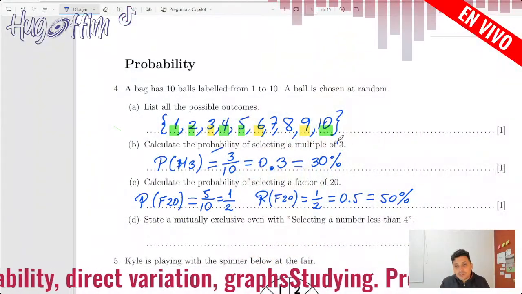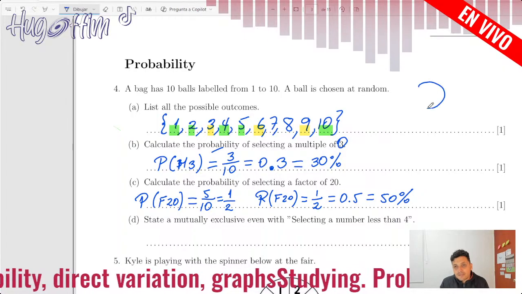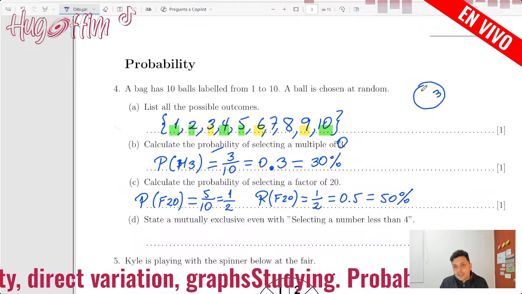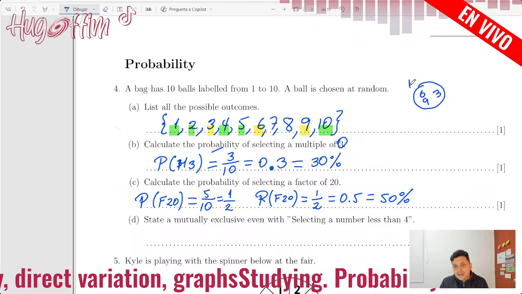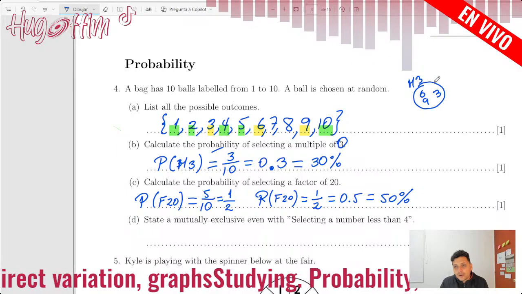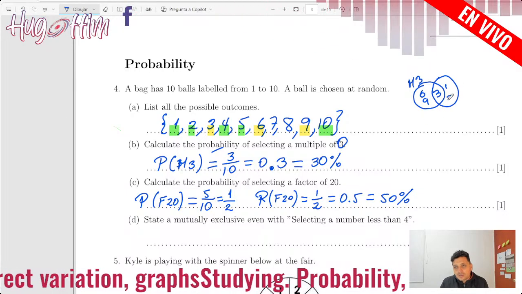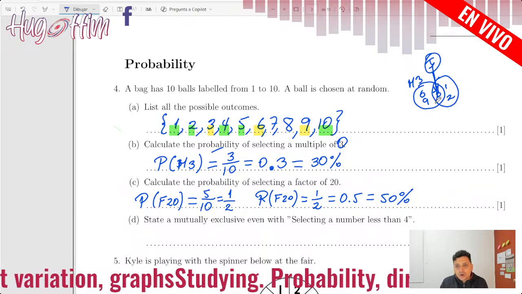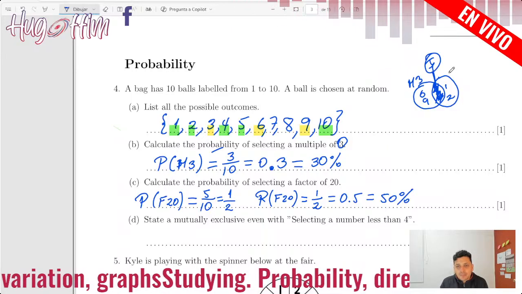No, because if I list the multiples of 3 that are here, 3, 6, and 9, and I list the numbers less than 4, 1, 2, and 3, I have an intersection between these two. So 3 is possible to happen at the same time.